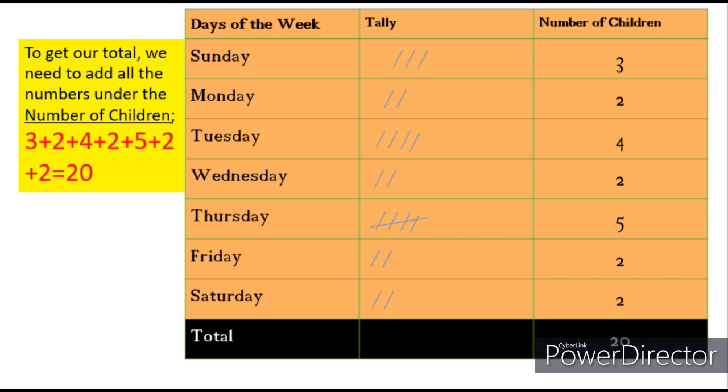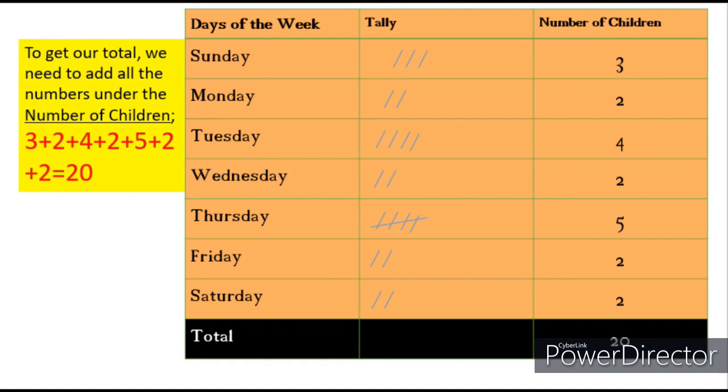You remember we organized it, with our tally and then the number of children. Okay, let's move on. We are going to represent this information in a graph form to show which numbers occurred how many times.